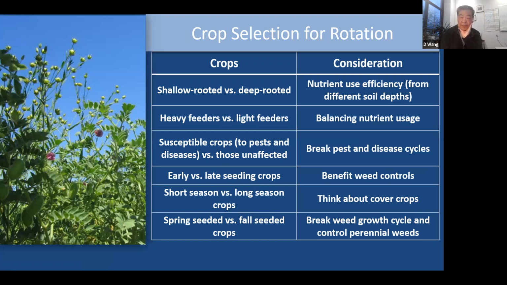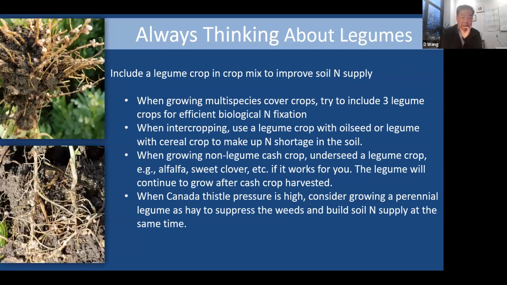The consideration for this is also applicable when you choose a crop species for your cover crop and intercropping. Legume crop is a lifeline for soil nitrogen sources.